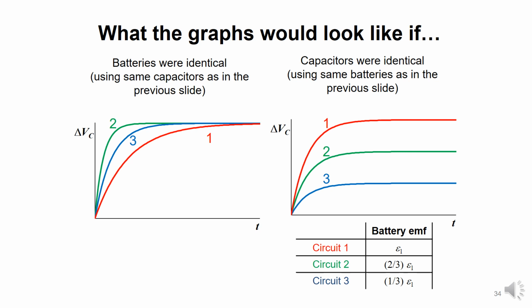Let's think of what happens if we have the same 3 circuits with the same 3 capacitors but different batteries. Okay, so same resistors and capacitors but different batteries. And if we did that, we would end up with the graph on the right. Same R and C, but different batteries.